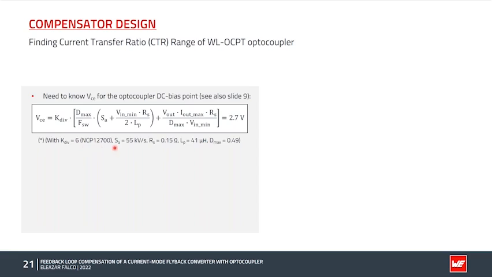We take a compensation ramp at the middle of the range of 55 kilovolt per second. RS is the current sense resistor, which in this case is 0.15 ohm. LP is the magnetizing inductance of the transformer, in this case 41 microhenry, and D max is the maximum duty cycle for minimum input voltage, which is 0.49.